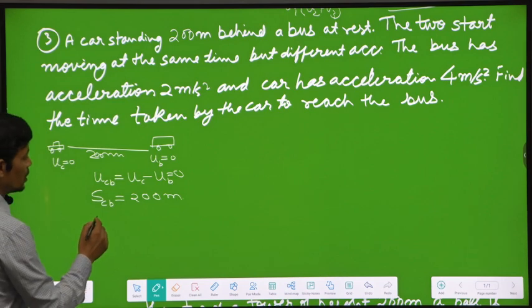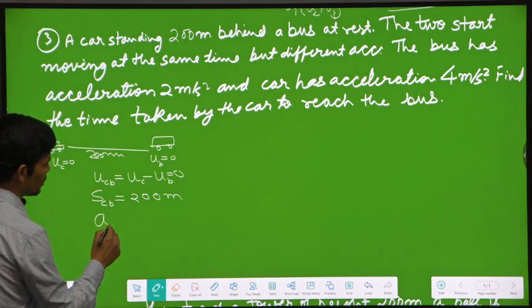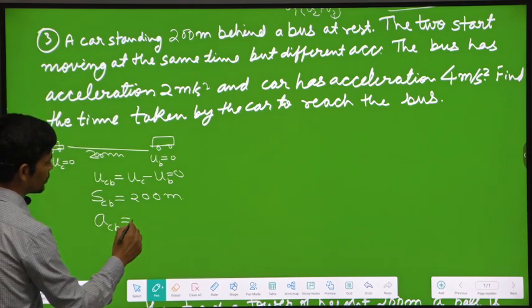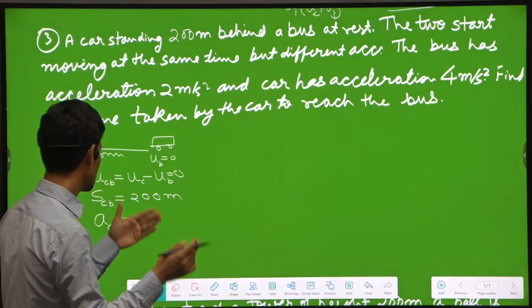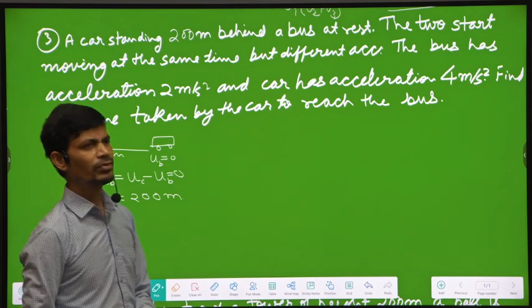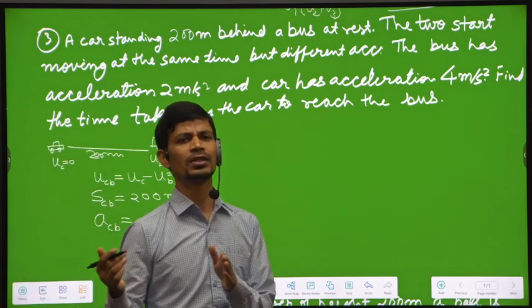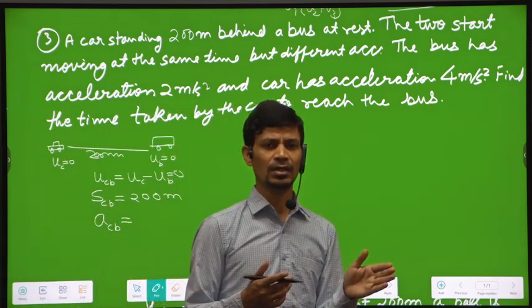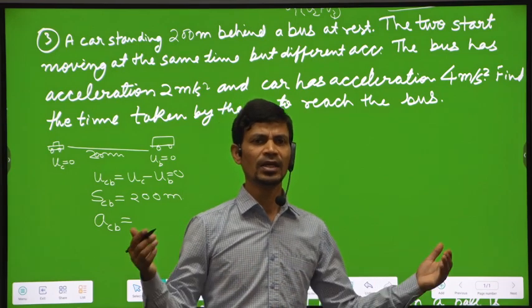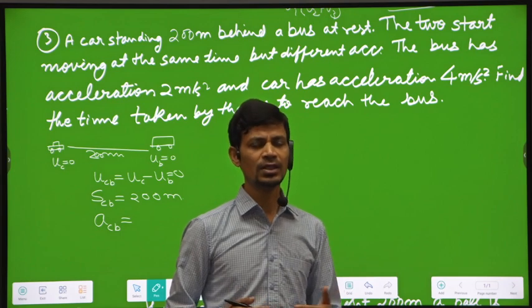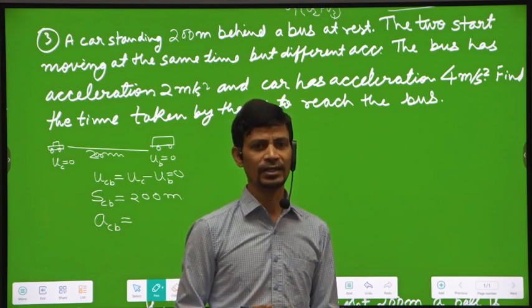Now their relative acceleration. So both are moving in same direction, so we will subtract their acceleration also. So till now you know that if two objects are moving in same direction, we subtract their velocity in order to find their relative velocity, and if they are moving toward each other, we add their relative velocity.